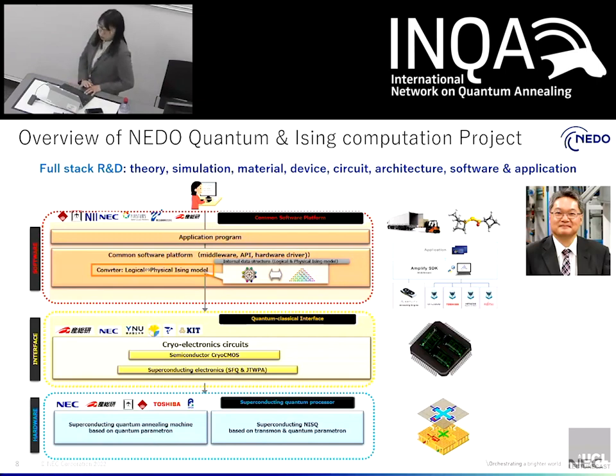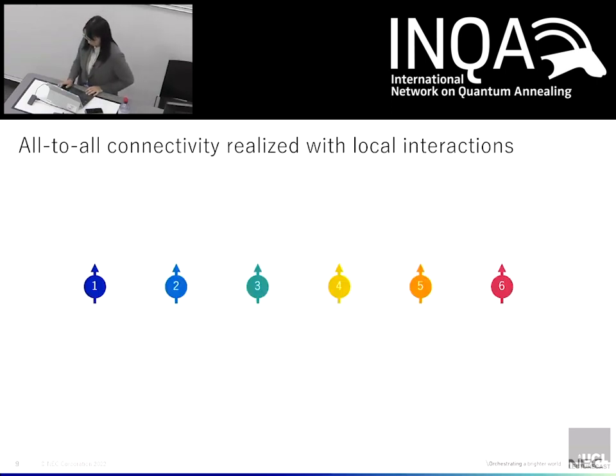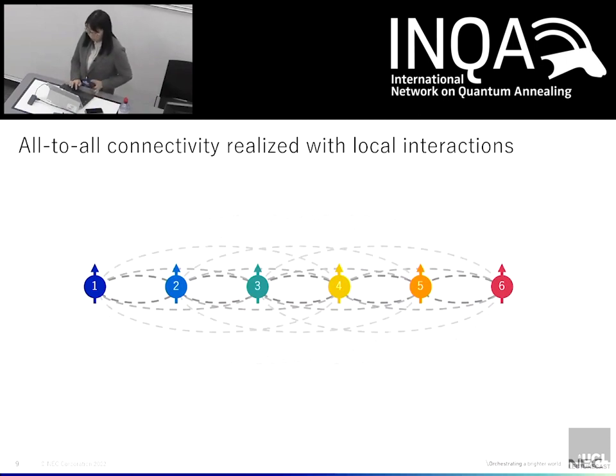This machine is based on quantum parametron, which is also called a Kerr-parametric oscillator. As you know well, one of the biggest challenges in realizing a quantum annealing machine is how to realize all-to-all connectivity. But it is not easy to prepare a variable connection between the spins that are located far away. One of the methods is the LHZ scheme proposed by Lechner, Hauke, and Zoller.